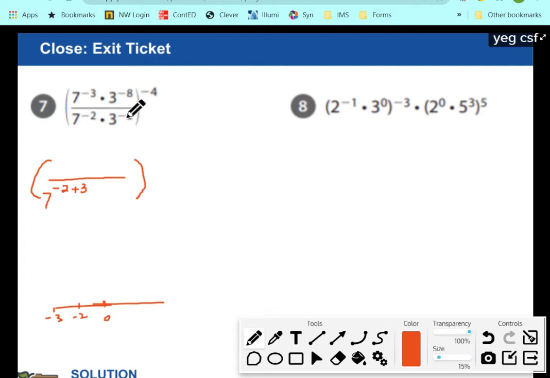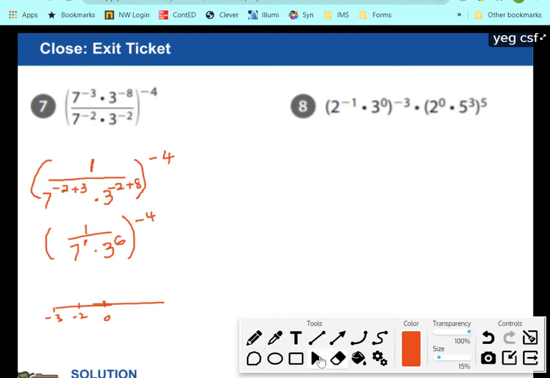Same way, if I see this one here, negative 2 is bigger, so I'm going to keep that negative 2. This negative 8, to bring it down, it becomes positive 8. Since I don't have anything here, I'm going to keep 1 here. And then I still have a negative 4 here. Okay, let's simplify that. 1 over 7 to the positive 1, and then 3 to the positive 6, and to the negative 4.